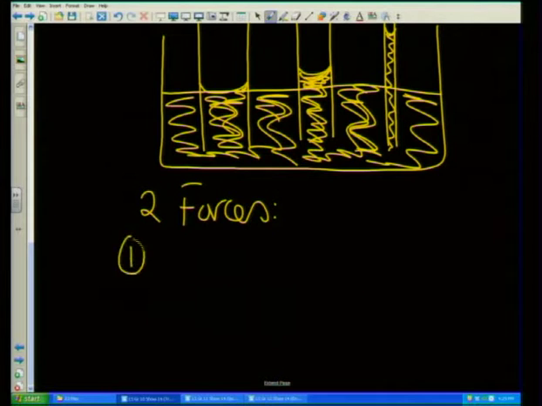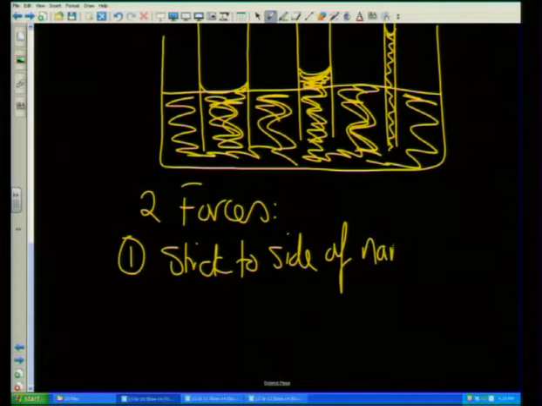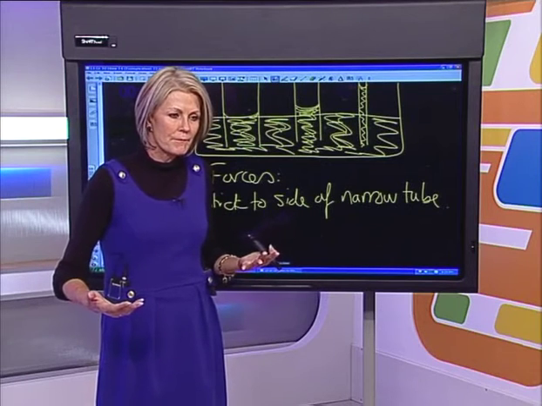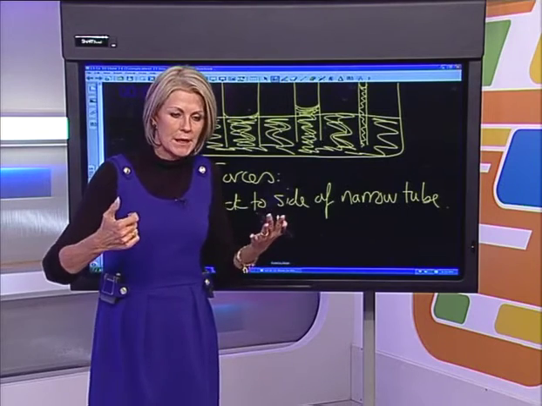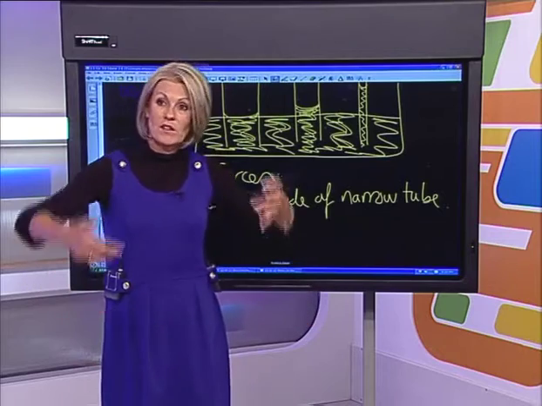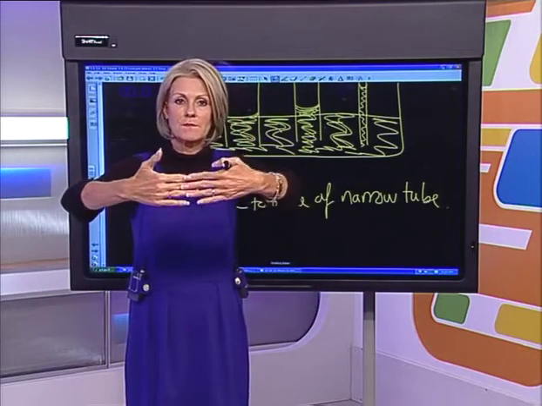One force is water molecules sticking to the side of a narrow tube. Think about this. If I wanted to climb, let's say I was stuck in a room, okay, and there was this air conditioning chute that's about this size.